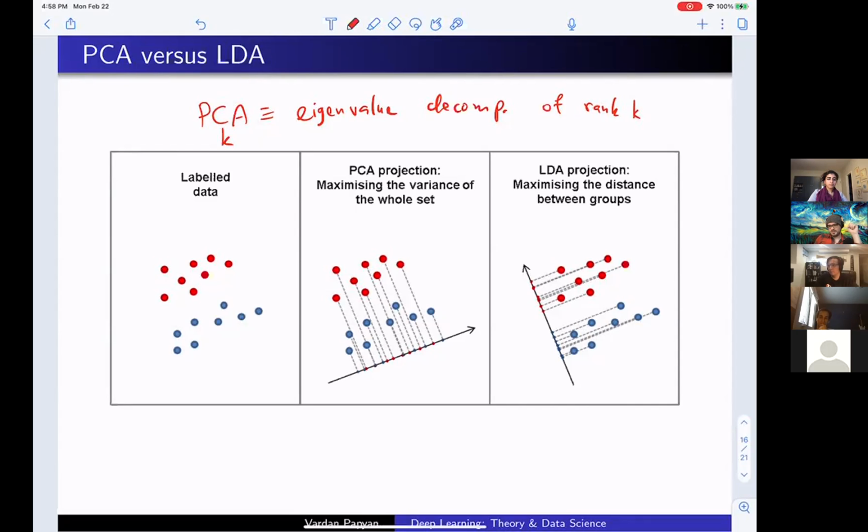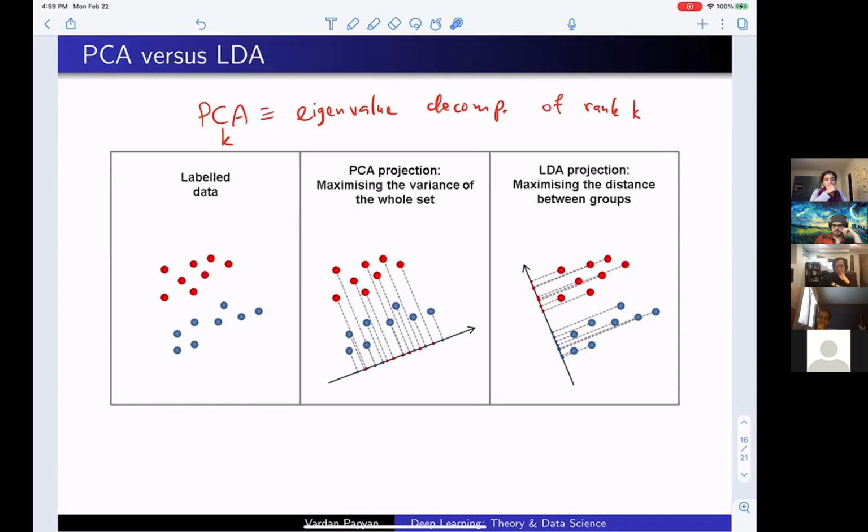So here's an example. In this case, we have labeled data. Imagine you were trying to pick a direction that would maximize the variance of the whole data set. Then you can actually prove that this direction is going to be the first principal component of the covariance matrix.